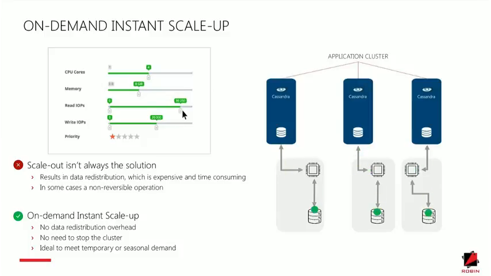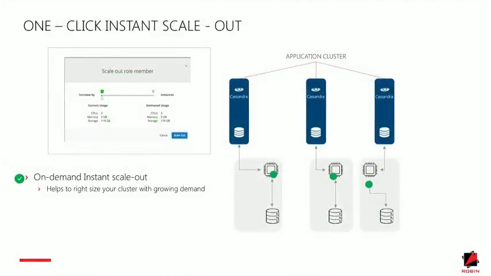Now, sometimes you run out of storage and you have to scale out because you want to add another node, more processing power on another physical node maybe. So let's say this is my setup where I have a 3-node Cassandra cluster, and I want to add a node and right size my cluster because I know there is growing demand. All you do on the scale out member screen is hit scale out.